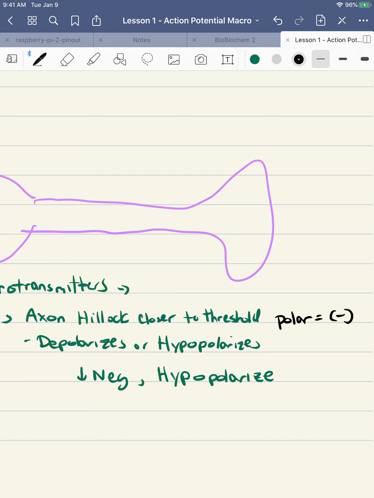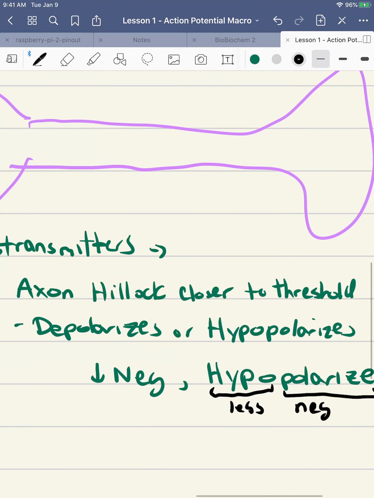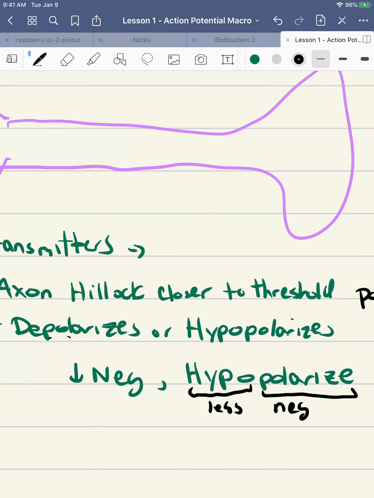Now, don't use this guideline for biology in general, but for understanding action potentials, it makes a lot more intuitive sense. So if you say the cell is hypopolarized, that means it's less negative. Or depolarized also means less negative.